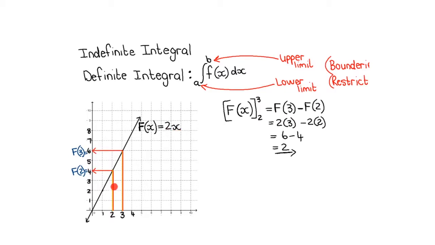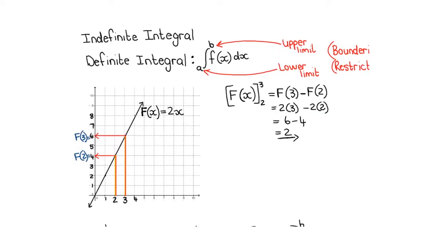For the x value 2, the y value that goes with it will be F of 2, which is 2 times 2, which is 4. So what will F of x be for x values between 2 and 3? It will be that distance there. It will be the 6 minus the 4, which is 2. So I had to subtract.